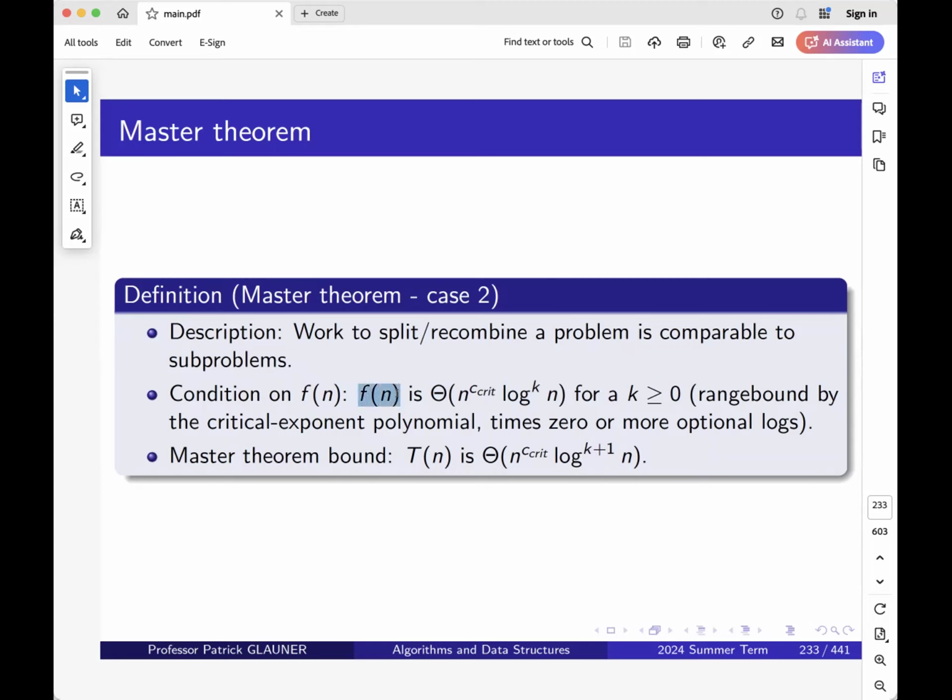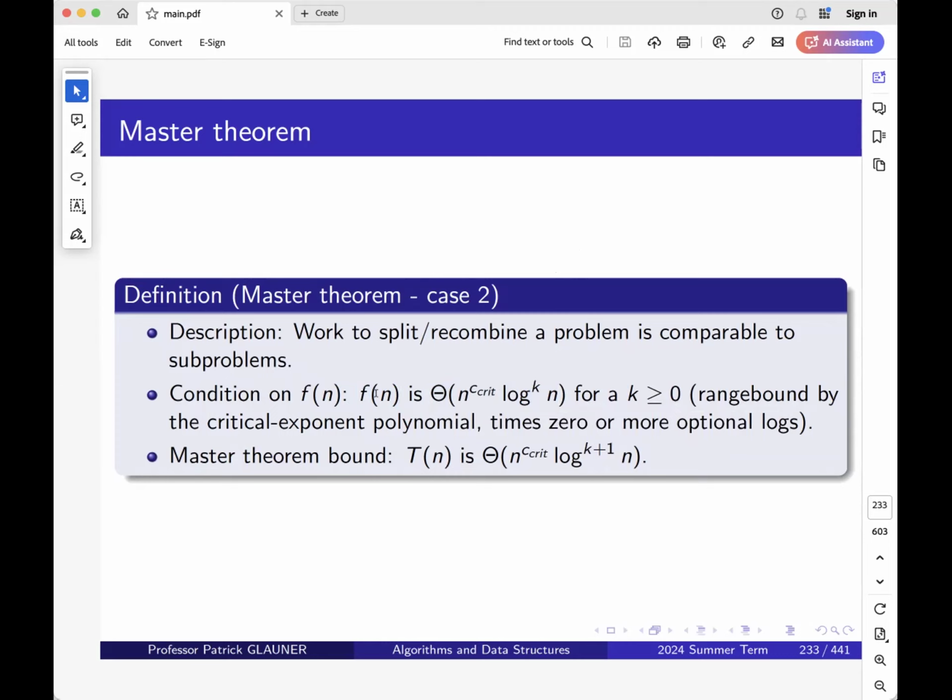And we can say that f of n is theta of n to the C critical times log n to the power of k. This expression means I calculate log n and I raise the log n to the power of k.